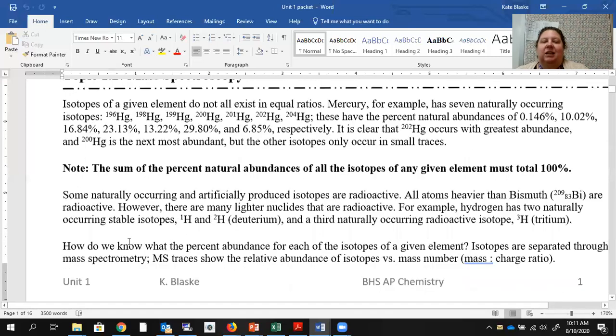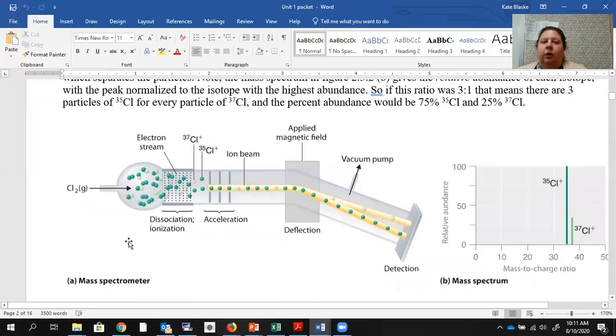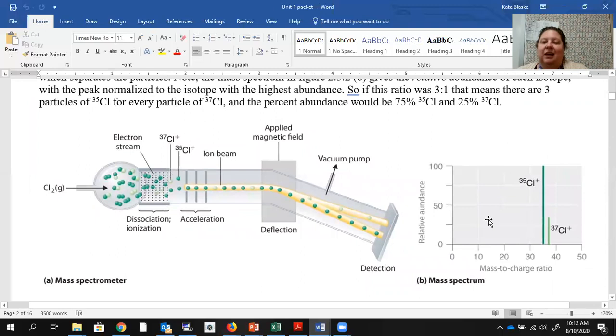So we can take a certain sample, put it through our mass spectrometer, separate out those isotopes based on mass, and we can get a set of data that tells us how abundant each isotope is. Now, sometimes that abundance is just a number, sometimes that abundance is a percentage.